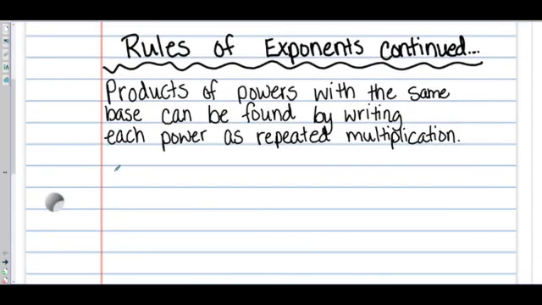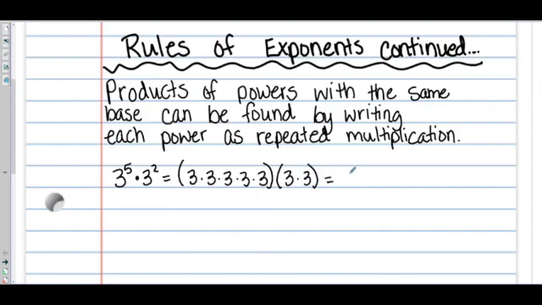So for example, if you have 3 to the 5th power times 3 to the 2nd power, well, 3 to the 5th power would be 3 times 3 times 3 times 3 times 3, and then times 3 times 3.